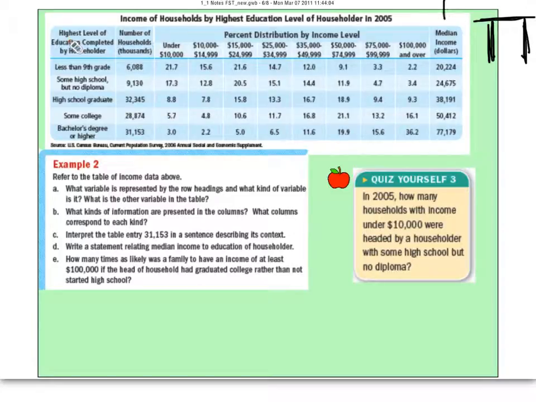So know that these here are considered the columns. Therefore, these guys going horizontally are the rows. So rows are horizontal. So look at the row headings. Our row headings are this right here. So we have 5 different rows, and what are they represented by? This here is the highest level of education.